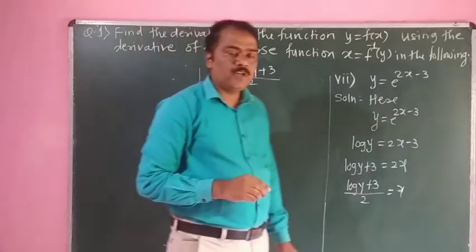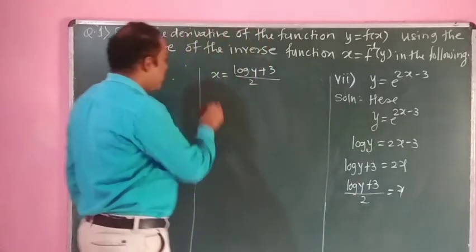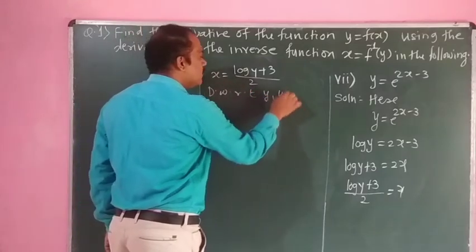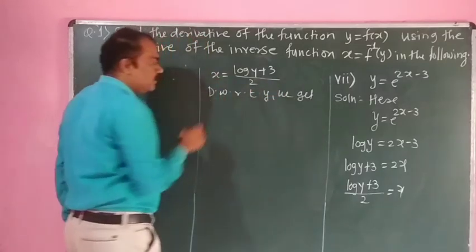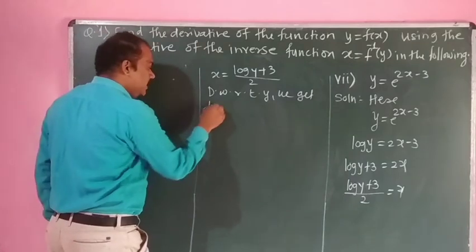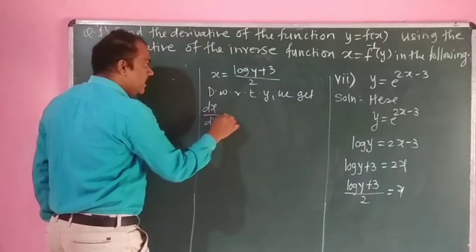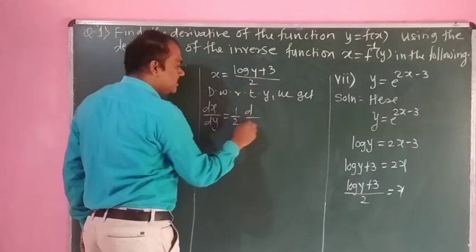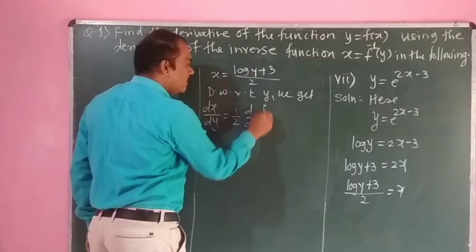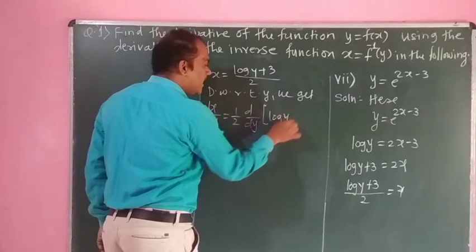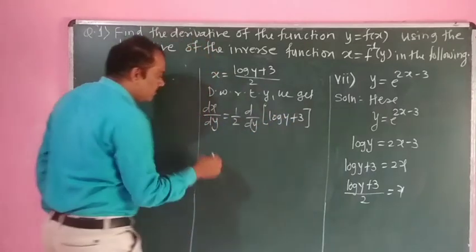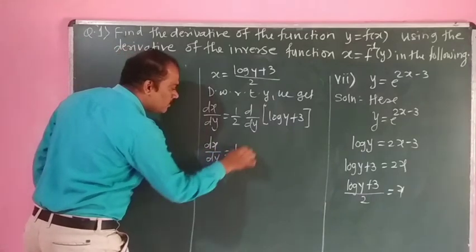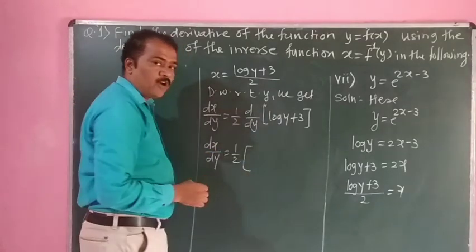Now we have to differentiate with respect to y. Differentiation of this x with respect to y gives dx by dy. 1 upon 2 is a constant, so take it outside. Now we differentiate log of y plus 3 with respect to y. So dx by dy is equal to 1 upon 2 into the derivative of log y.